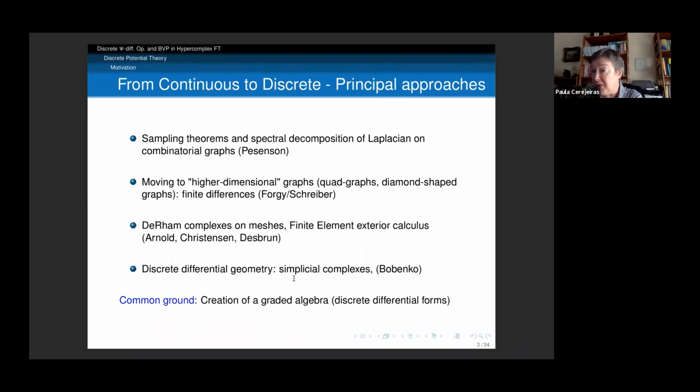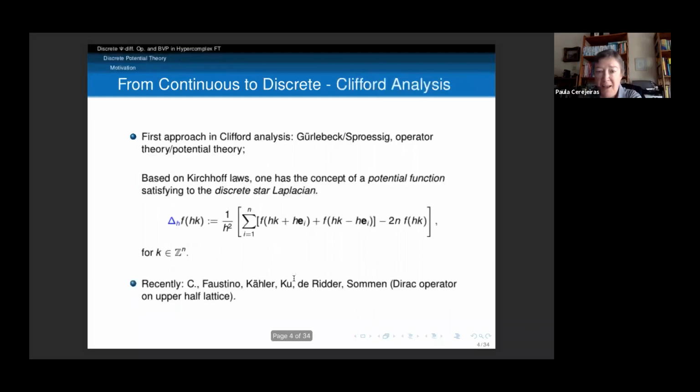or also discrete differential geometry, but there you have operators that fit the function to the graph, so you change the graph and you change the functions. So it lacks a kind of common potential theory for these situations.